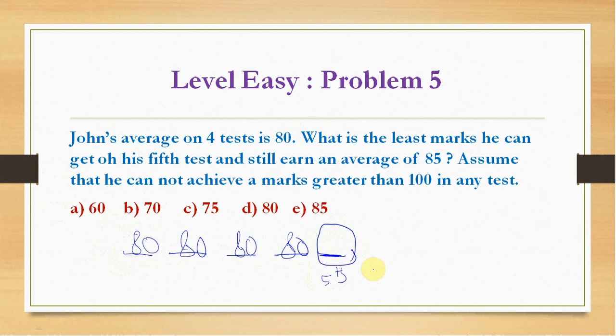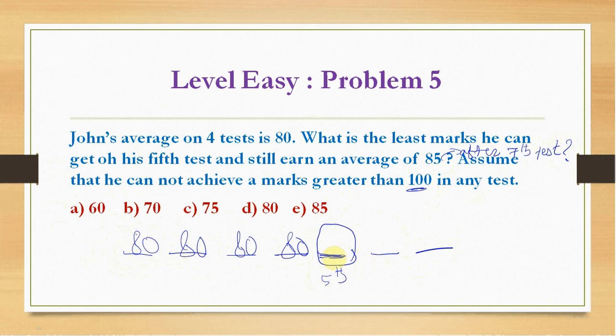And still an average of 85 after 7th test. Sorry, this has been missed, after 7th test. So this is 6th test and 7th test, and it has also been given that he can achieve 100 marks maximum.